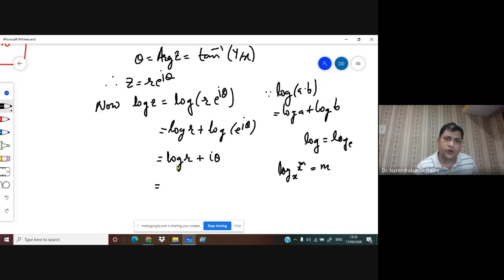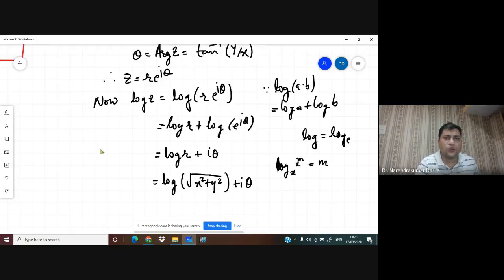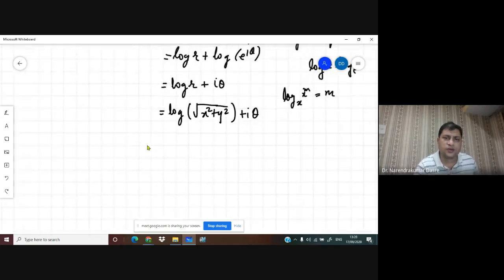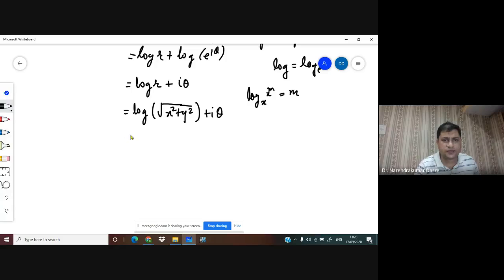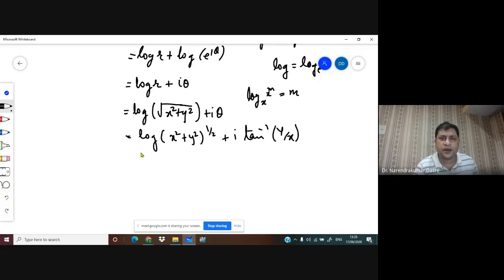What we know about r is that it is the square root of x square plus y square, so we have log of square root of x square plus y square plus i theta. We can write this as log of (x square plus y square) raised to half plus i tan inverse of y by x.